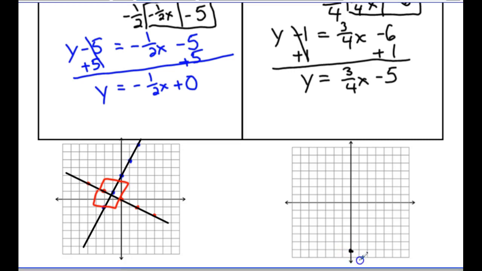We're going to go down 4/3, but we can't go down 4, so we're going to go up 1, 2, 3, 4, and over to the left 1, 2, 3. Then our line is going to look like that.